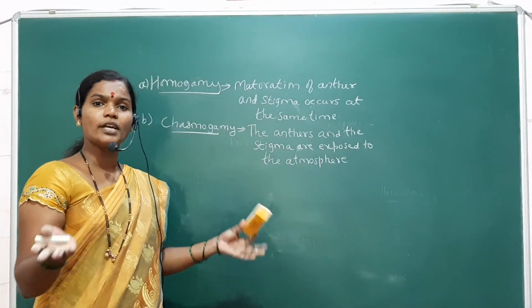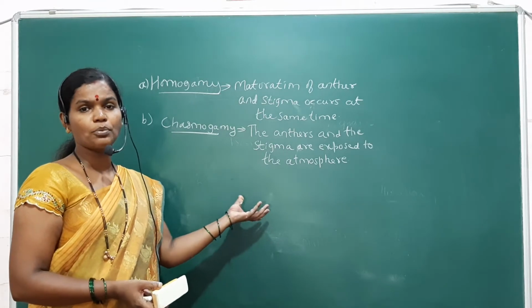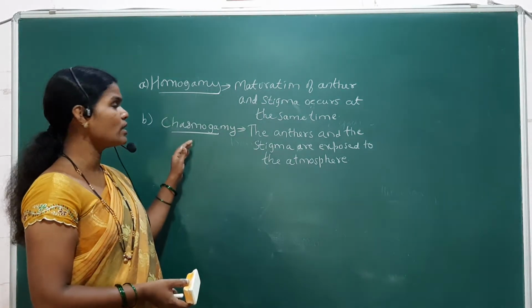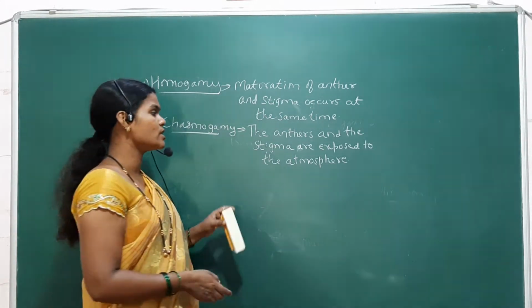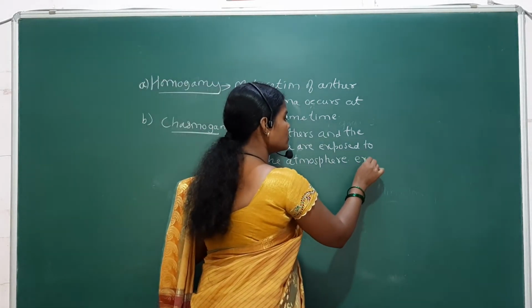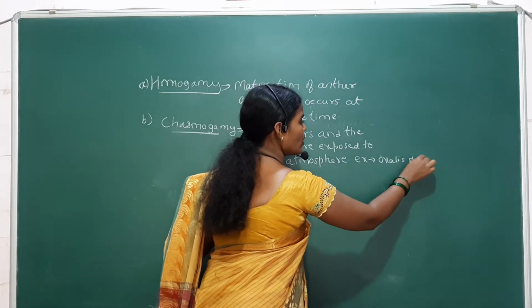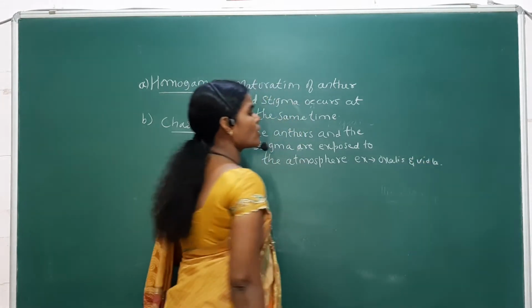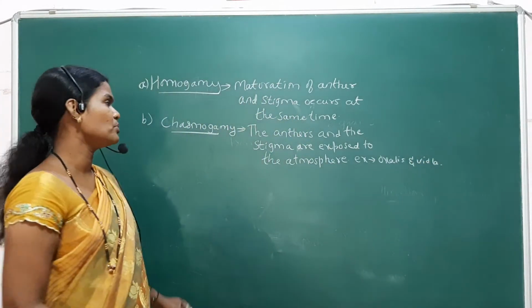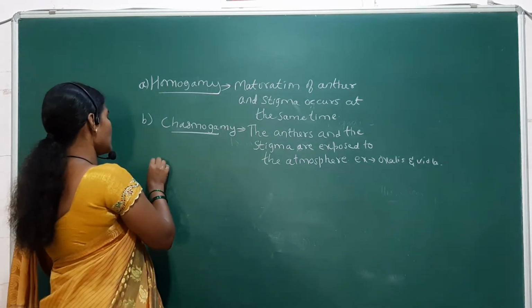That means they are exposed to the atmosphere. That is called chasmogamy. Examples we can give are oxalis and viola. Oxalis and viola are the examples of chasmogamy.